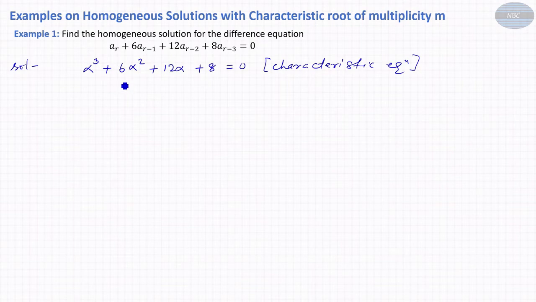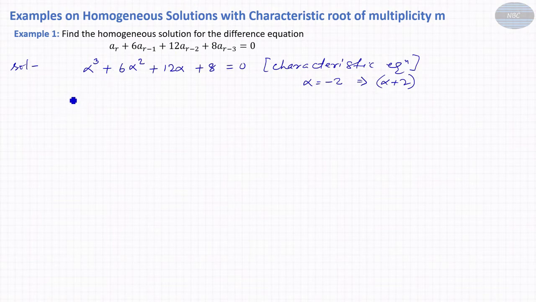So plus 24 minus 24 will cancel out, and minus 8 and 8 will cancel out. So by inspection it is clear that alpha is equal to minus 2 is the root, so we can write alpha plus 2 is one of the factors of this particular equation.